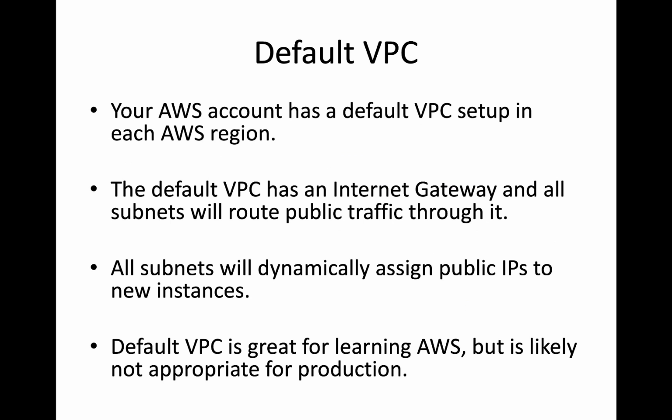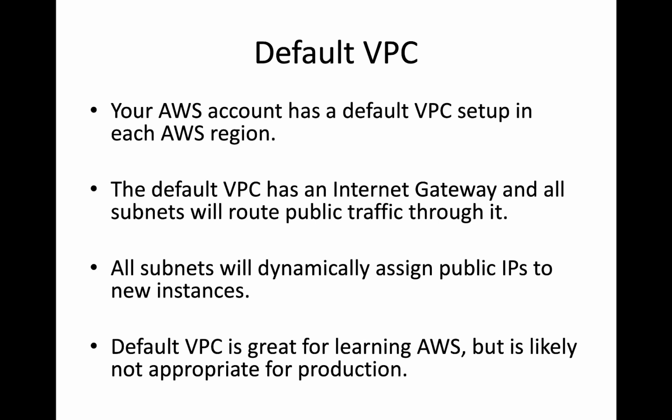One last thing I'll mention about VPCs is that so far when you have been launching EC2 instances in this course, you have been launching those instances into what we call the default VPC. Every AWS account has a default VPC set up in each AWS region.